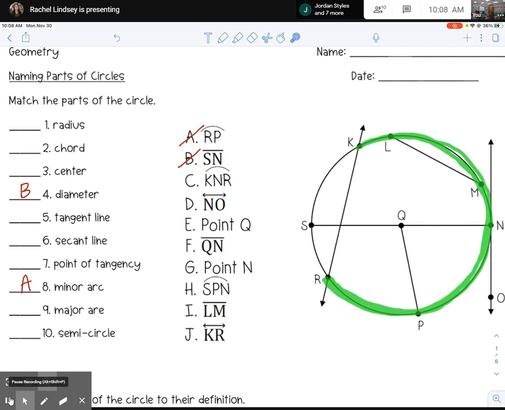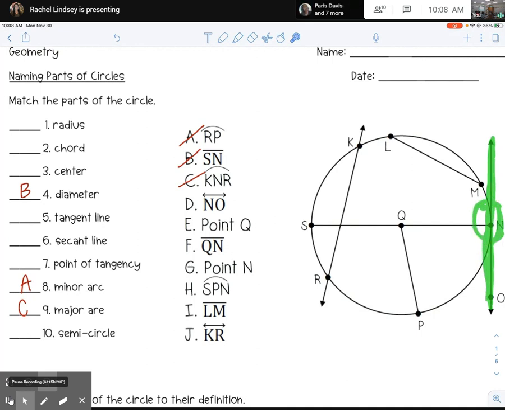So number 9 is C. Now, N to O. How many times does that touch the circle? Once. So is that tangent or secant? Tangent. So number 5 is D.